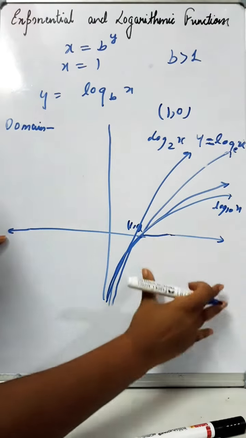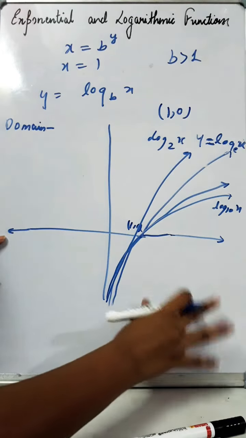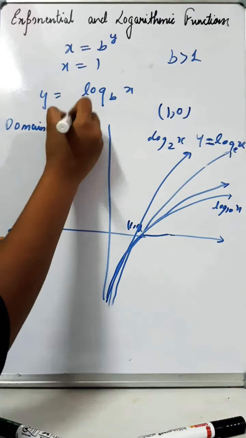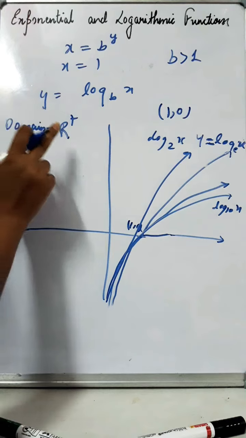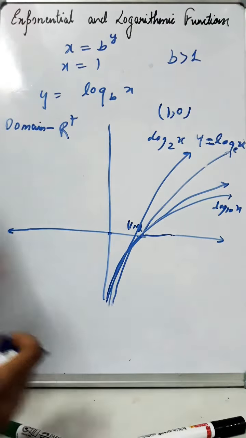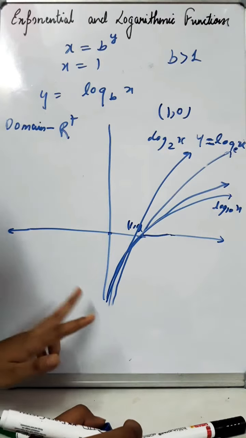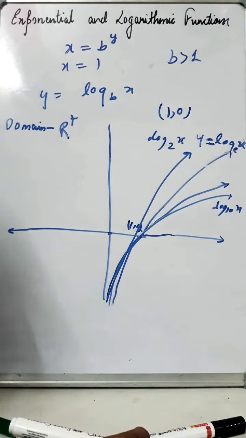Graph is fixed to the right hand side of the x-axis. So you already know for a fact that the domain is going to be R plus, all the real positive numbers. Why R plus? Because 0 will not be included, because we don't know where this graph is going to cut the x-axis. We assume that it cuts at infinity. Alright, so 0 will not be included.